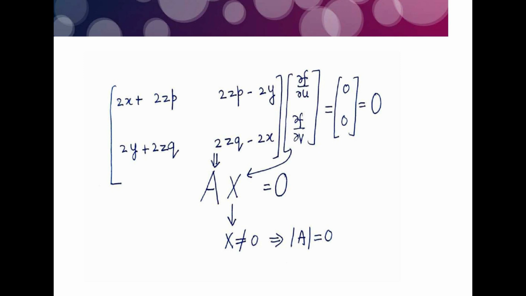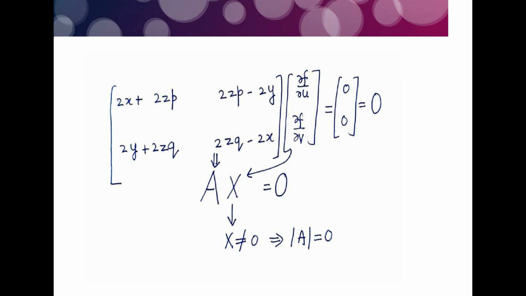Here capital X is our variable, that is partial derivative of f with respect to u and derivative of f with respect to v, and all other terms, this 2x plus 2zp and all other three terms, they are the matrix A. So we can write down equation number 2 and 3 as AX equal to 0.